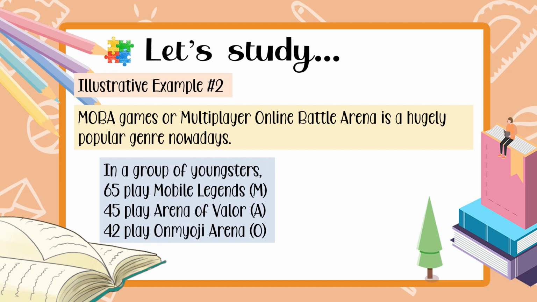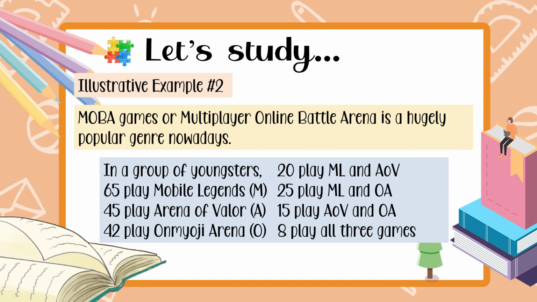In a group of youngsters, 65 play Mobile Legends, or Set M, 45 play Arena of Valor, Set A, 42 play Onmyoji Arena, Set O, 20 play Mobile Legends and Arena of Valor, 25 play Mobile Legends and Onmyoji Arena, 15 play Arena of Valor and Onmyoji Arena, 8 play all three games.